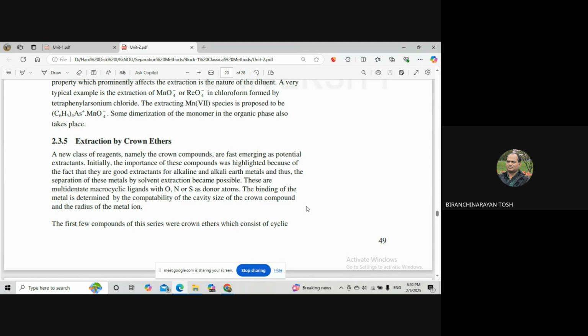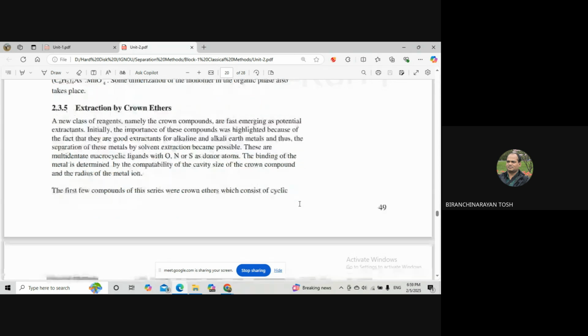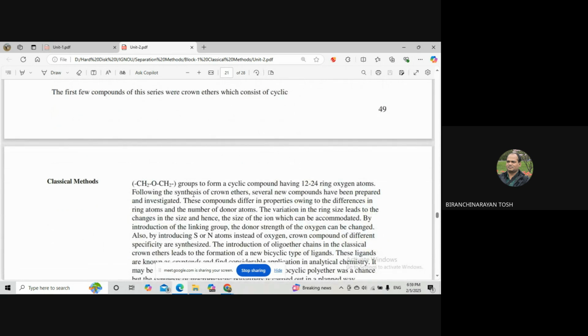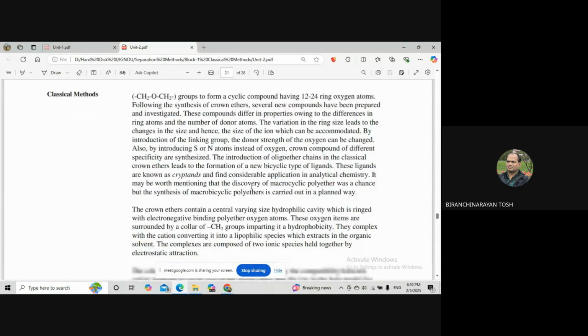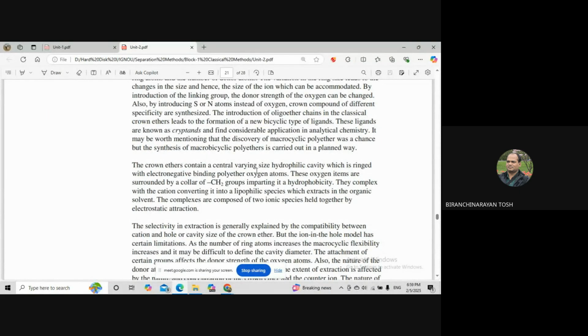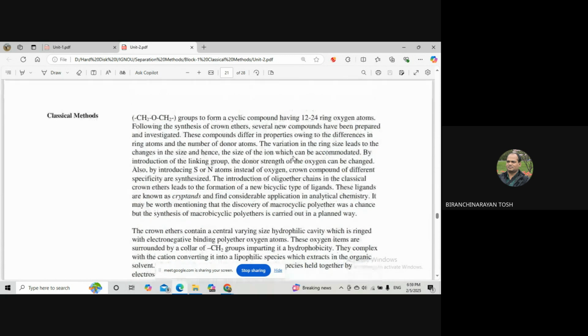The first few compounds of this series were crown ethers, which consist of cyclic ether groups, CH2O groups, to form cyclic compounds containing 12 to 24 ring oxygen atoms. These crown ethers contain a central hydrophilic cavity of varying size depending upon the size of the ring.